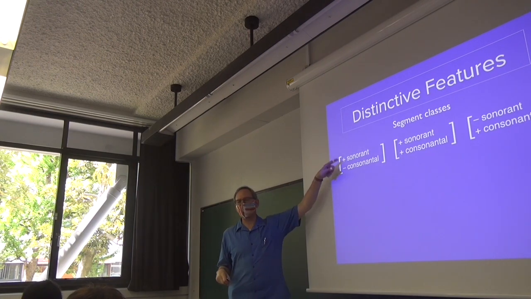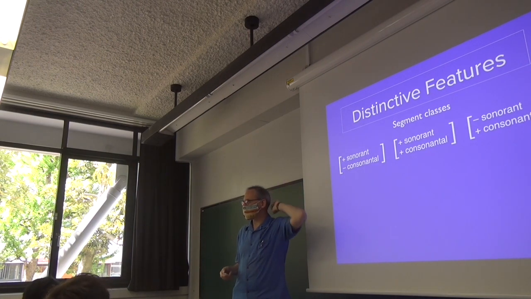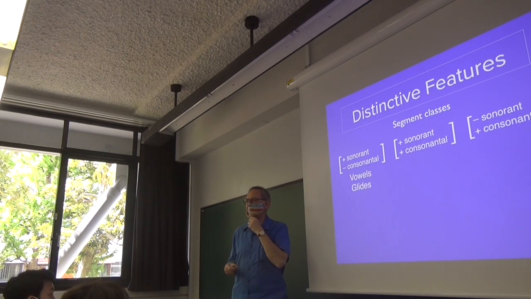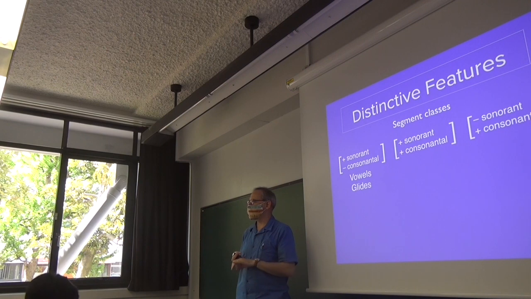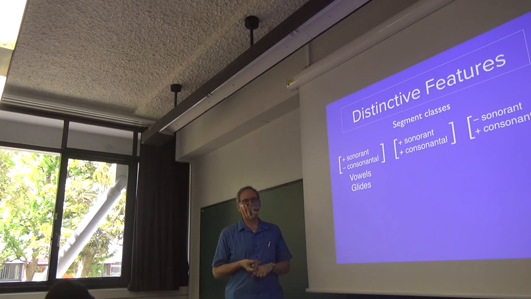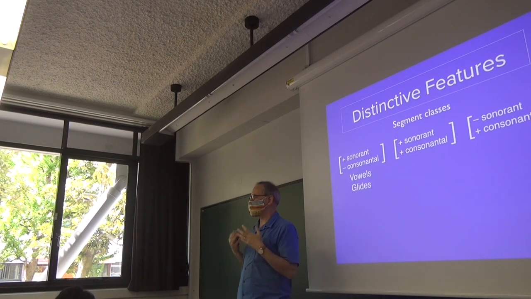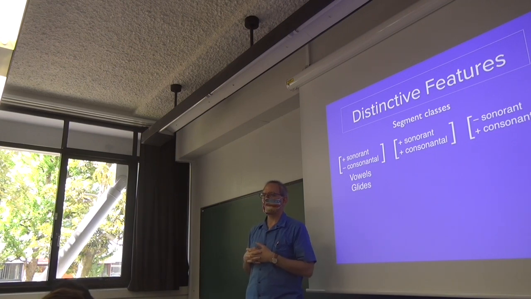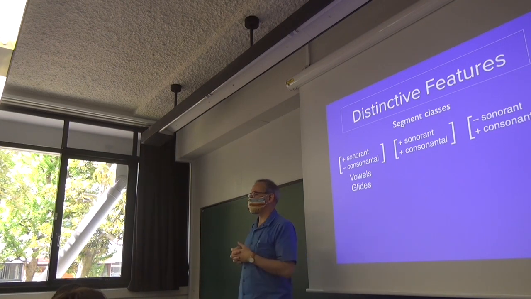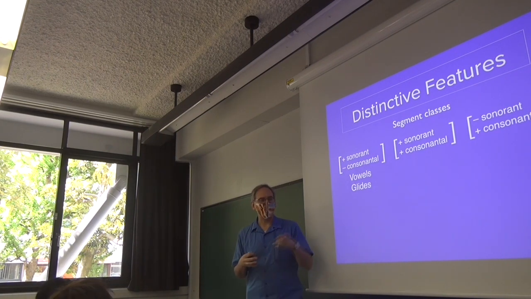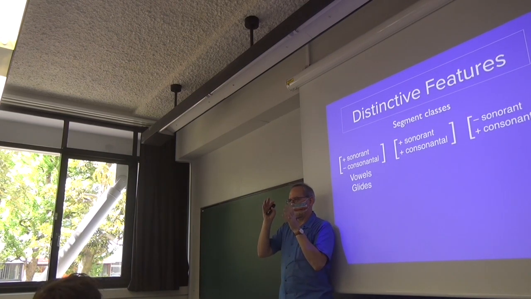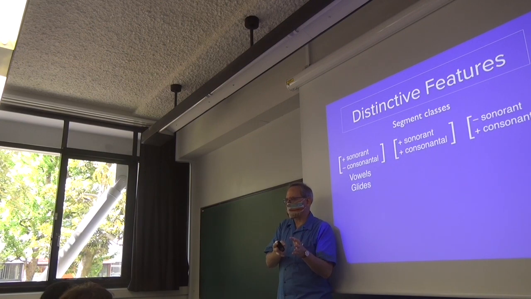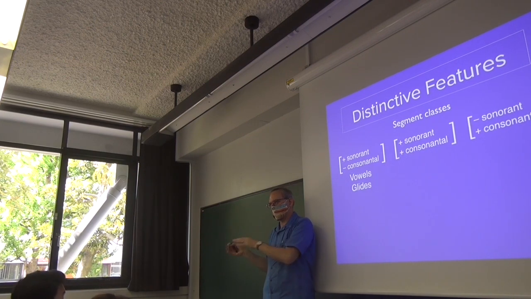So if I combine these two feature values, that's going to define the set of vowels and glides, because all of those segments share the property of being minus consonantal and plus sonorant. Now, it gets a bit confusing in that written English and spoken English are not exactly the same.